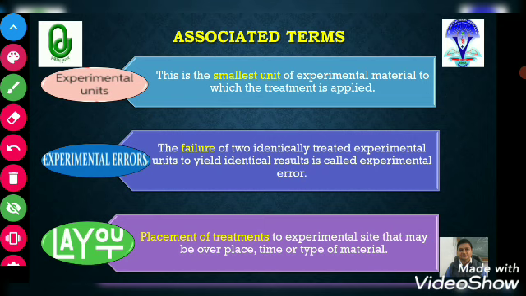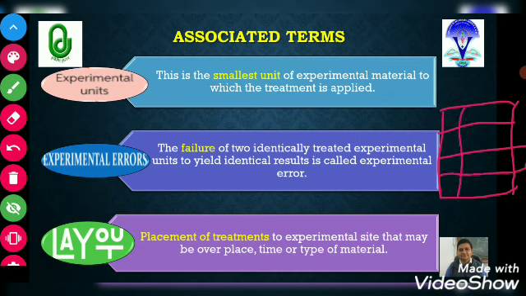Why is it called layout? Because in agriculture, suppose this field is being divided into different parts. Now they planned that T1 will be applied here in the first unit, then in the third unit T1 will be applied, then here also they will apply T1, here also they will apply T1, then in the next one they will apply T2, then T2.